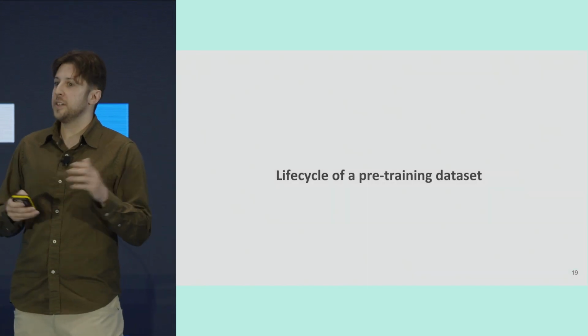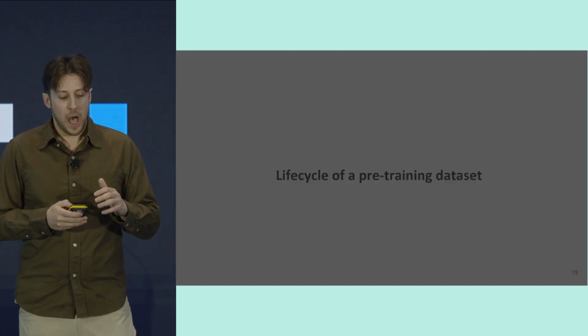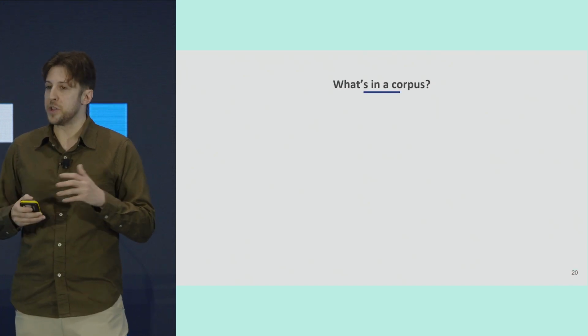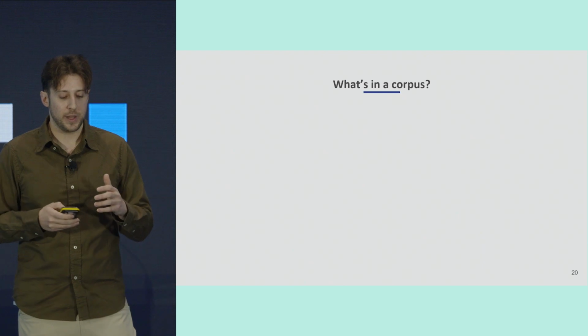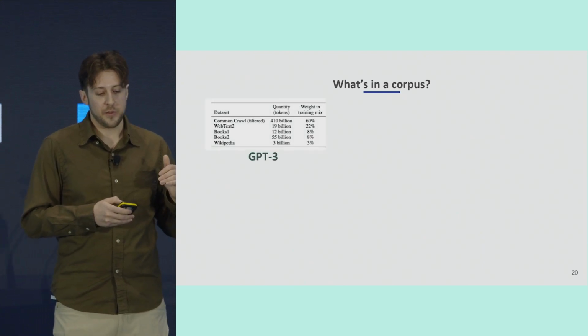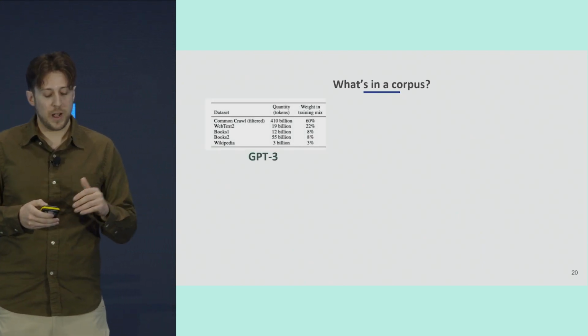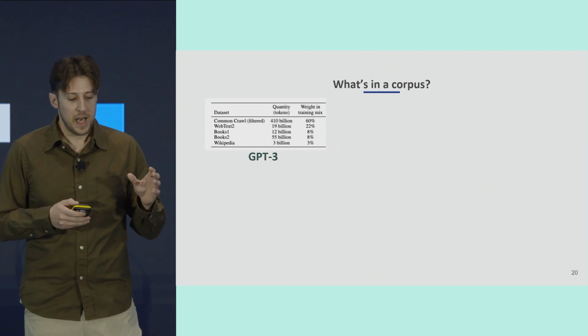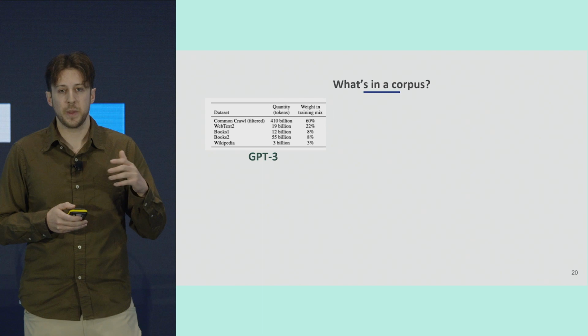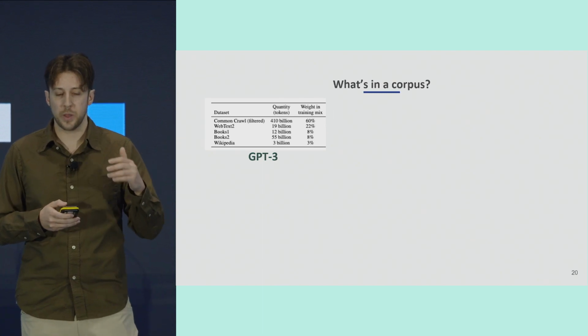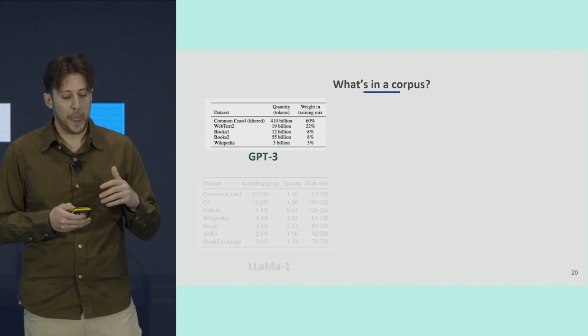So let's talk about the life cycle of a pre-training data set. What's actually in the pre-training corpuses of the models that you've all come to know and love? Well, if you look at GPT-3, this had around 80% web crawl data, and there were some other data sets that are cleaner and domain specific, like books, Wikipedia, things like that.